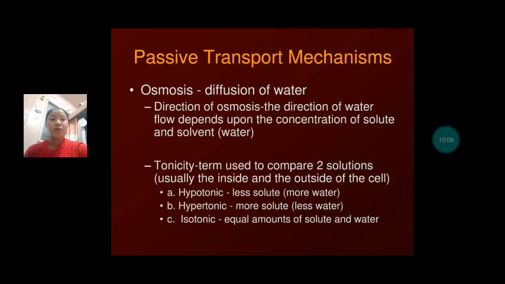In osmosis, the diffusion of water, the direction of water flow depends upon the concentration of solute and solvent water. Tonicity is the term used to compare two solutions, usually the inside and the outside of the cell. Hypotonic means less solute or more water.